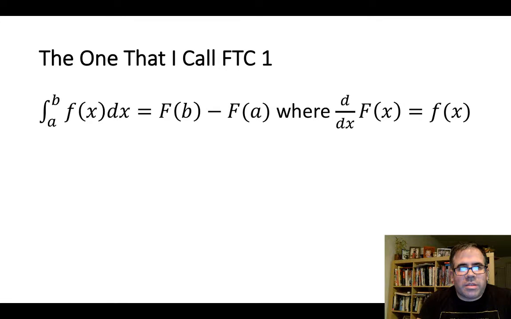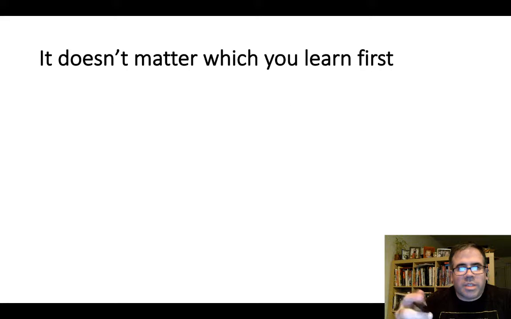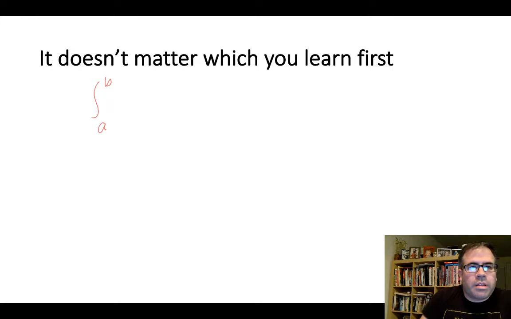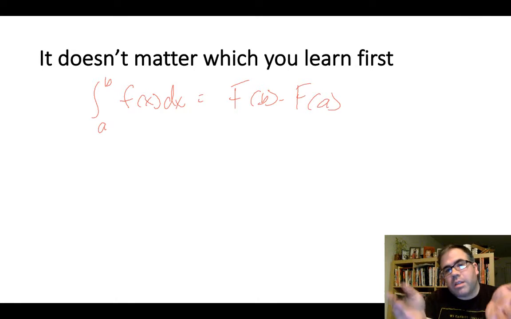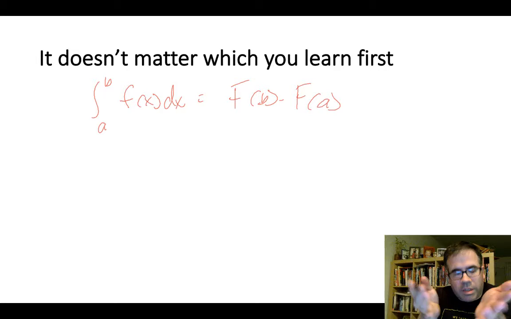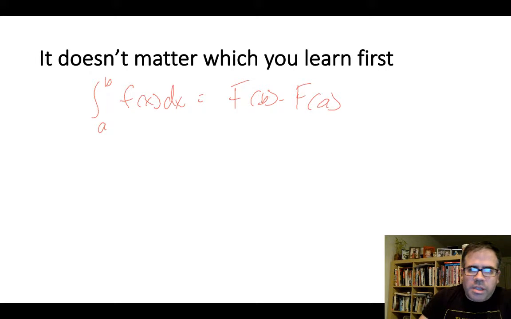Right, so we'll get into that. For example, if you accept this one, the derivative with respect to x, as your first fundamental theorem of calculus, then what does the other one become?